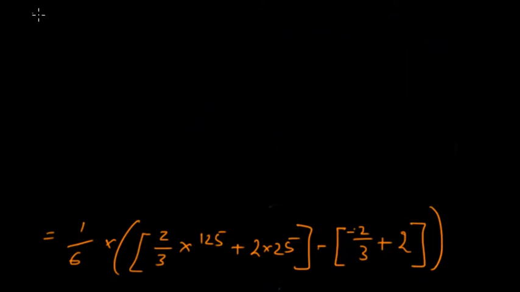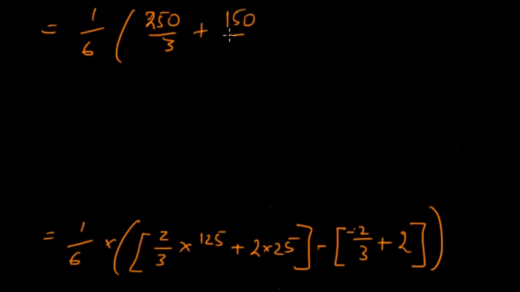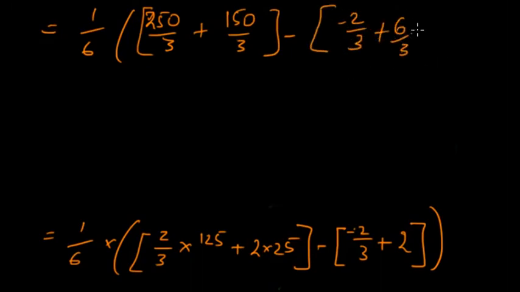Going back up to the top, simplifying this down, we get 1 on 6. If this is by hand, you have to keep going to see if you can get any simpler. So 2 times 125 is 250 on 3, plus 50. I'll do that in two steps: 250 on 3 plus 150 on 3, because 50 is 150 on 3. And then this is minus negative 2 on 3 plus 6 on 3.